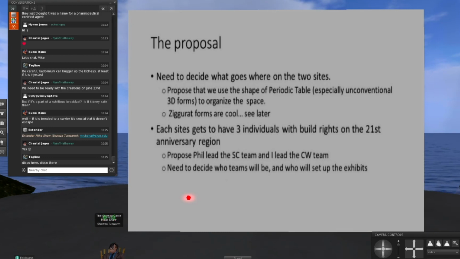There's a ziggurat form I'll show you in a second that would be a lovely building. And I said each site has three individuals with build rights. So Phil leads the SC team, I lead the CW, and we'll need to decide who the teams will be and who will set up exhibits. Feel free to email me, and we'll make sure that we're all on the same page.